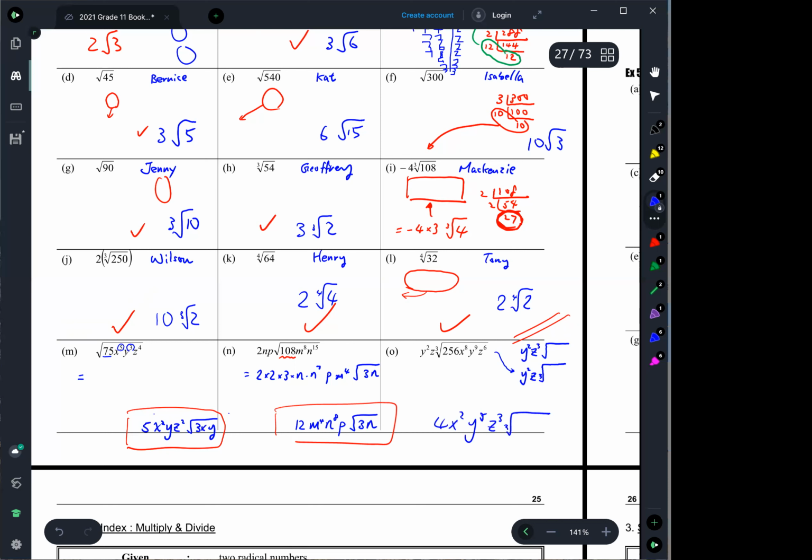Root, so cube root. Okay, 4x squared. Very good.